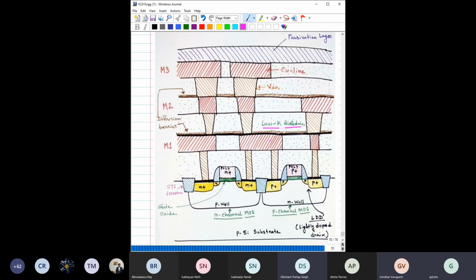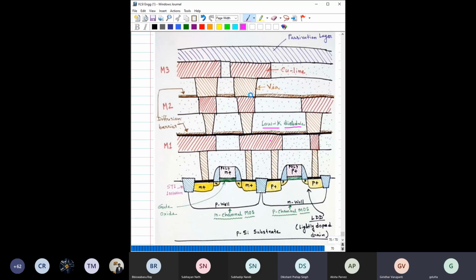And why we have to shift from metal gate to polysilicon gate. Why polysilicon gate? Why can't we use a metal gate for this self-aligned technique, right? All these things, from this discussion, you should have some clear view on that.